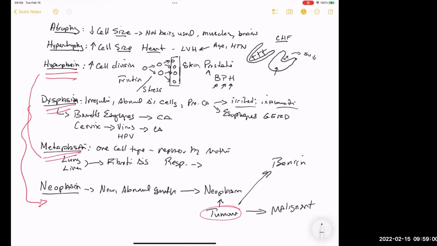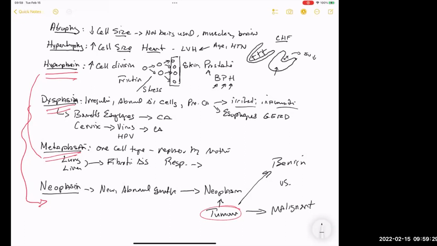And what is the difference between a benign versus malignant tumor? The malignant has blood flow through it. Both of them. One stays put, the other one spreads. Yeah, and both can get large, right?